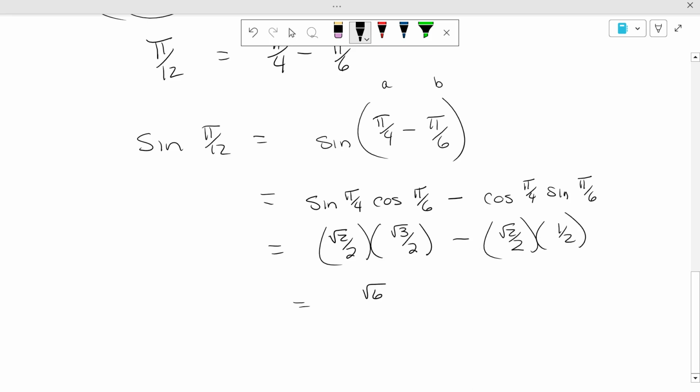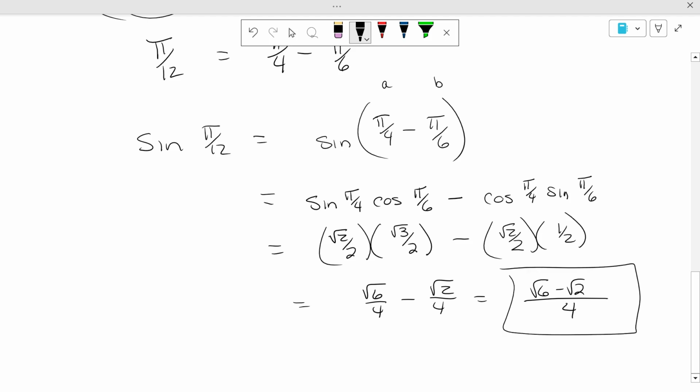So it's the square root of 6 over 4 minus the square root of 2 over 4, which, if you put them over the same denominator, it's the square root of 6 minus the square root of 2 all over 4. How about that? Okay, that's what we're going to end up doing. Now we're going to use some processes to get there, to get better at that.